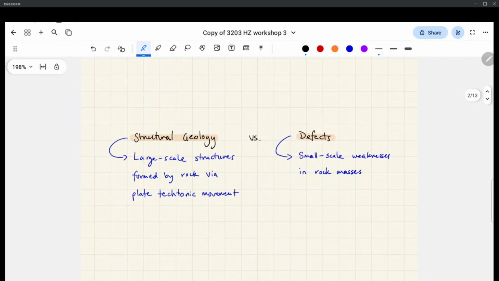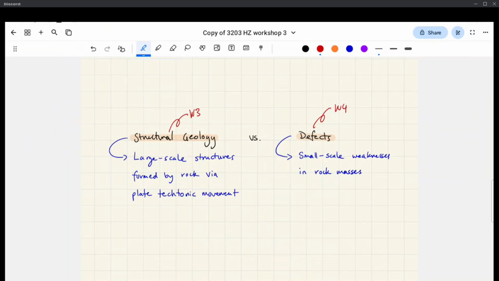This week is structural geology, and next week is defects. But there is some overlap in this, and it might not seem apparent. The idea is that structural geology is about large-scale structures formed by rock, and is due to the plate tectonic movement that we covered in week 1.